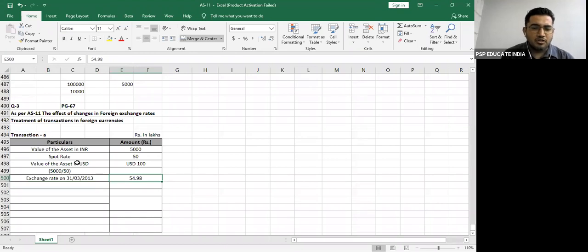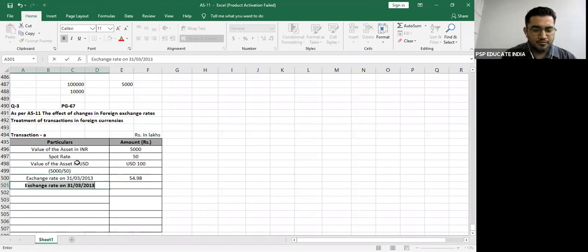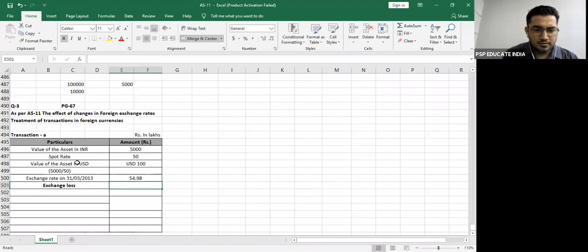Quickly on the chat box, gain for you or loss for you? The difference is 4.98.